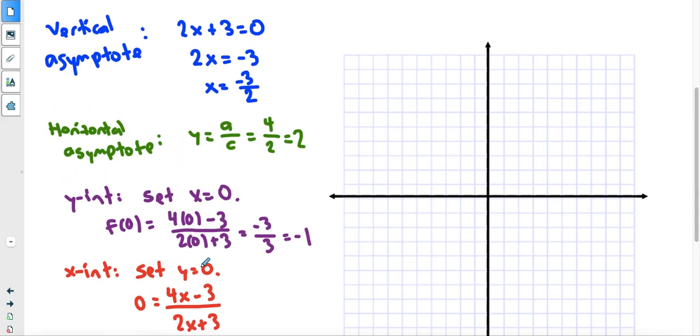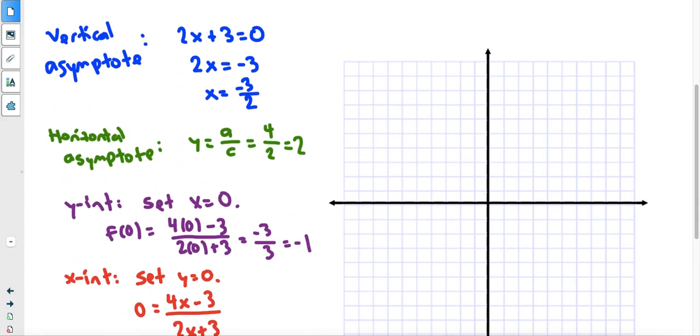First, we know the vertical asymptote is x is equal to negative 3 over 2. If we take a look at our graph here, negative 3 over 2 is the same thing as negative 1.5, and on my graph, x is equal to negative 1.5 is going to be here.